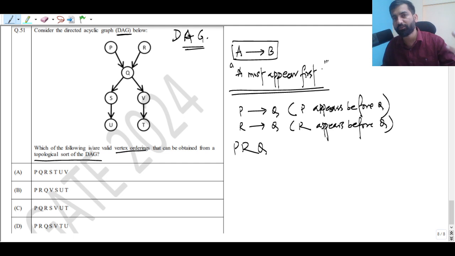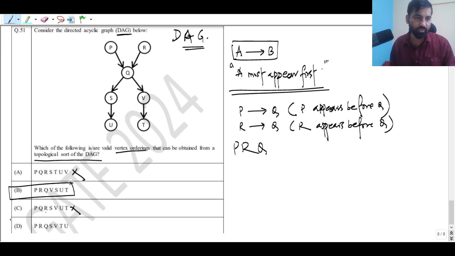Some of the options you can ignore. PQR is wrong because R is appearing later than Q, and this option is also wrong because R is appearing after Q. So now there are two options left, B and D.